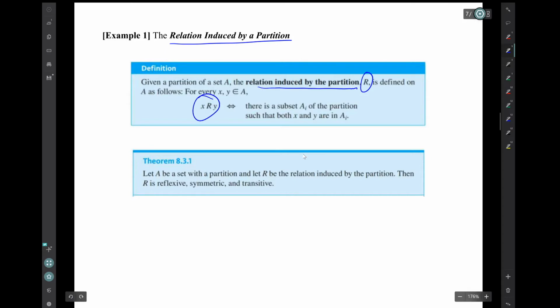We say that x is related to y means this: there's a subset in the partition such that both x and y are in that subset. There's a theorem that says if you have a set A and you have a partition and you let R be the relation induced by that partition, then R is reflexive and symmetric and transitive. So in other words, that relation induced by the partition is an equivalence relation.